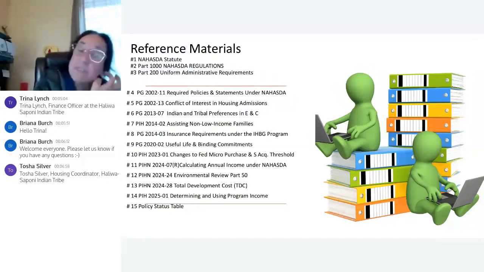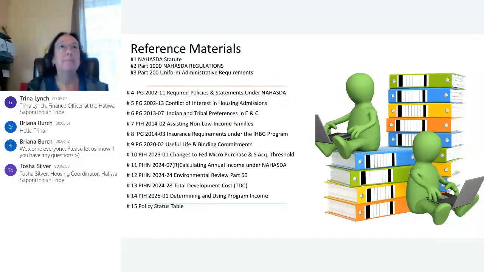That's the first thing they do, is look at a lot of the policies. So for the reference materials, please grab them, or at least take a snapshot of it or circle that page so you can go to Code Talk. That's where we go to get everything from. The majority of these are required by law, that we have policies and procedures for them: for your total development cost, for finance, using that program income, your procurement policy, changes to the federal micro-purchase and our simplified acquisition threshold.